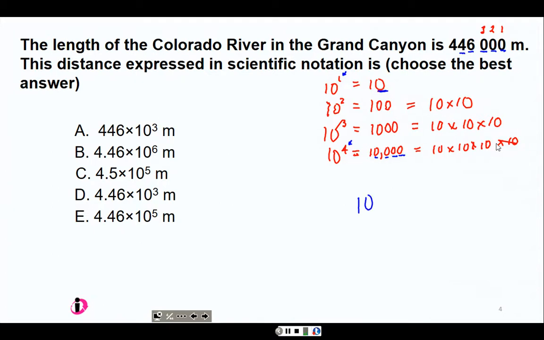So that would be 10 to the fifth. 10 to the fifth is going to be 100,000, but this is more than 100,000. It's 4.46 times 10 to the fifth. And so the answer that would be correct here is E. I hope that makes sense to you.